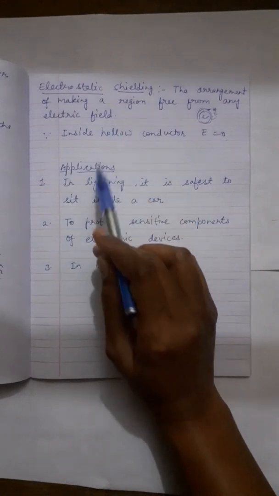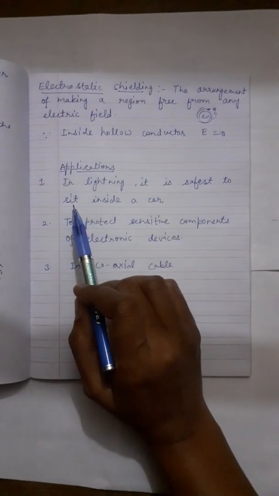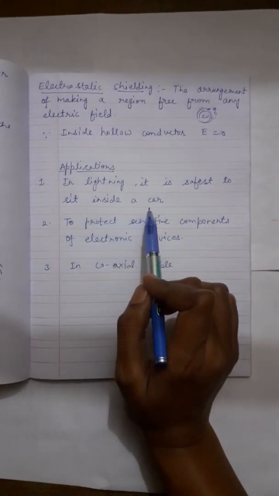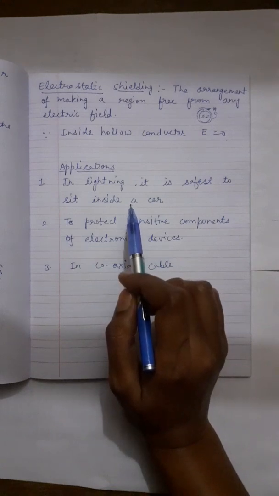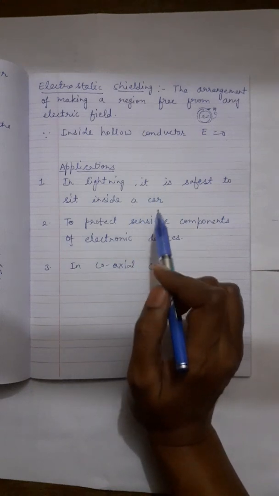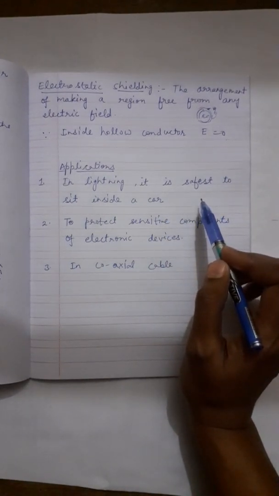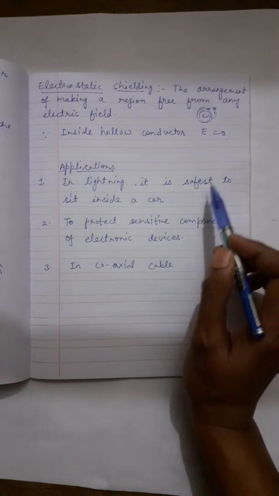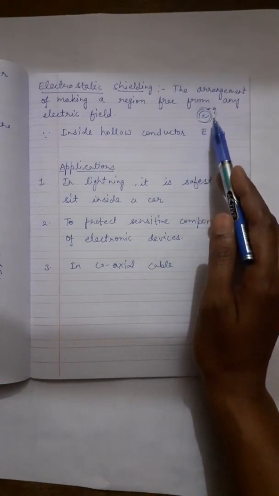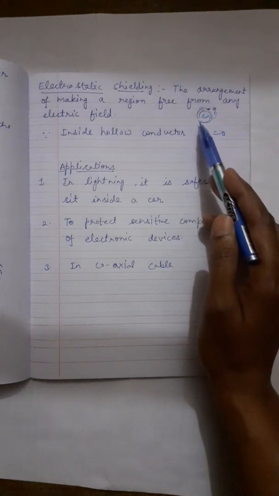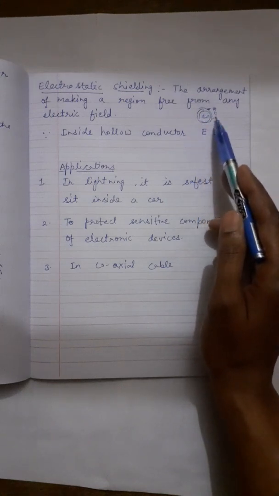This phenomenon is used in various applications. First, in lightning it is safest to sit inside a car, because when there is a thunderstorm accompanied by lightning, the metallic body of the car acts as an electrostatic shield from lightning, and the person sitting inside the car will be safe, because here the electric field is zero and all the electric charge will come on the body of the car.